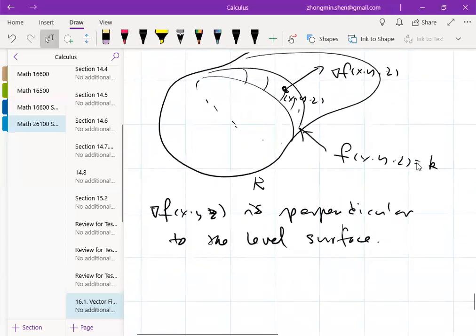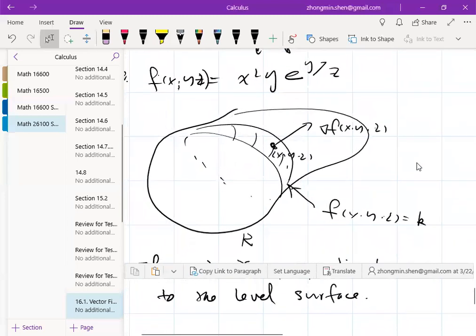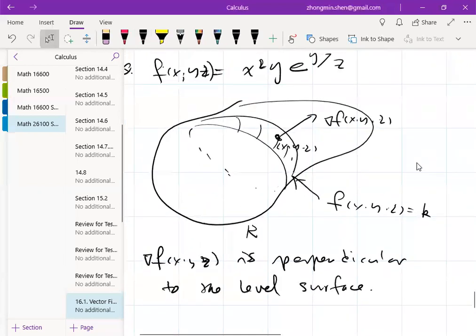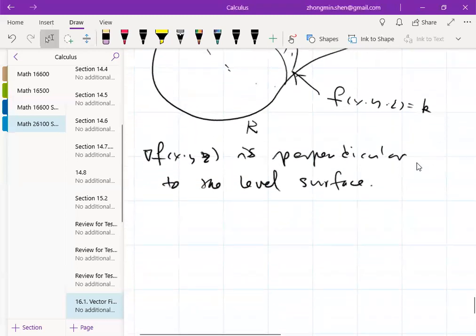Okay, so let's compute it. So f is x squared y. It's hard to draw the graph, because the function is complicated. It's hard to draw the level surface. But we can find the gradient.